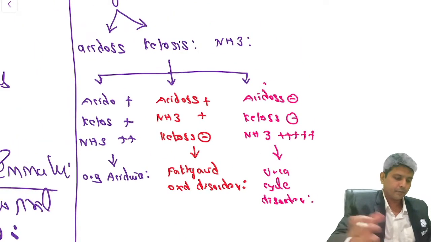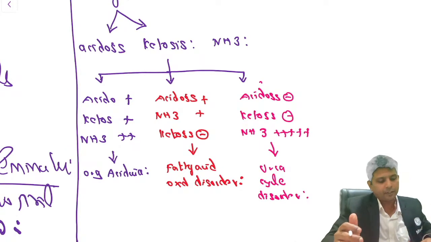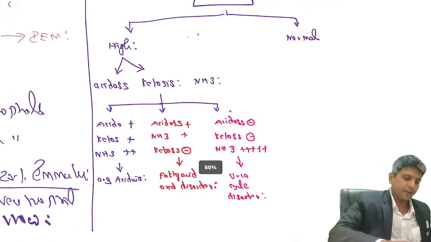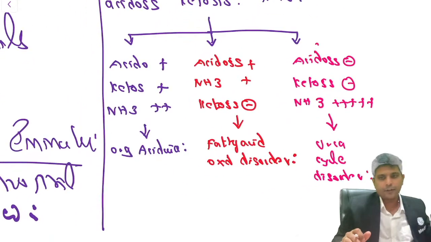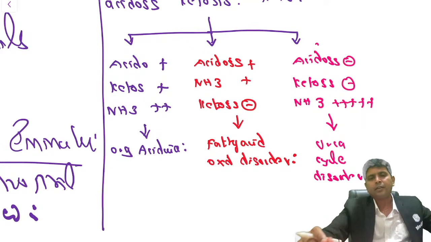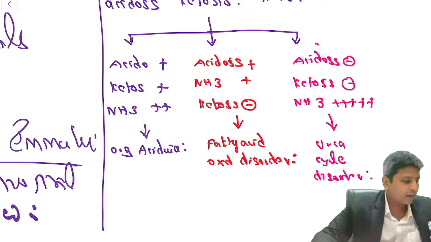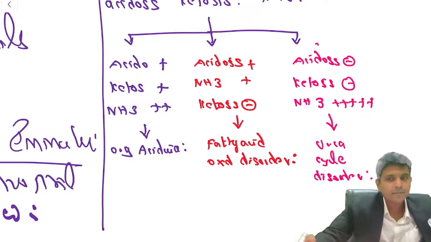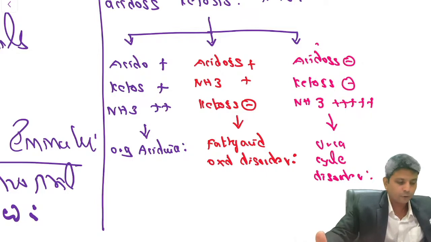So with this permutation and combination, you can find out three types of inborn errors of metabolism. Now, among that, organic aciduria: a combination of acidosis, ketosis and hyperammonemia. Just remember, my dear students, I cannot go deep into the biochemistry right now.